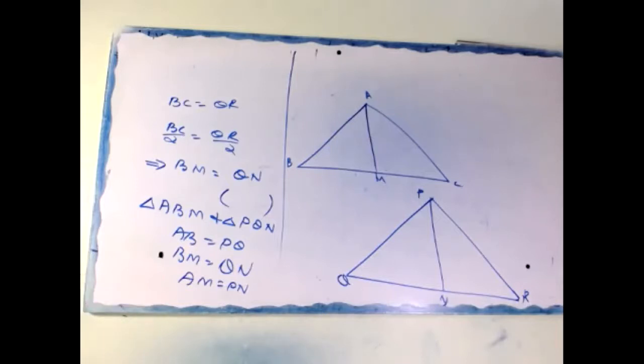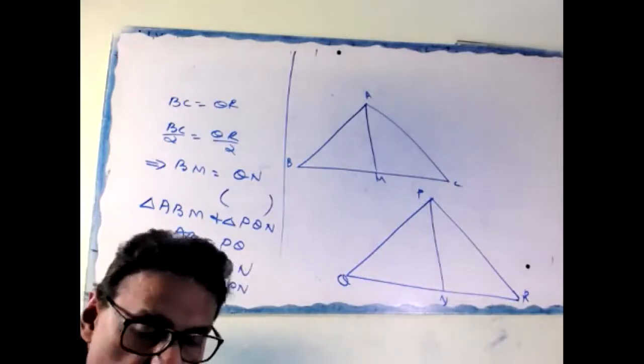Therefore, triangle ABM congruent to triangle PQN, SSS congruency. Hence, that's the first part. Correct or no? First part is finished.